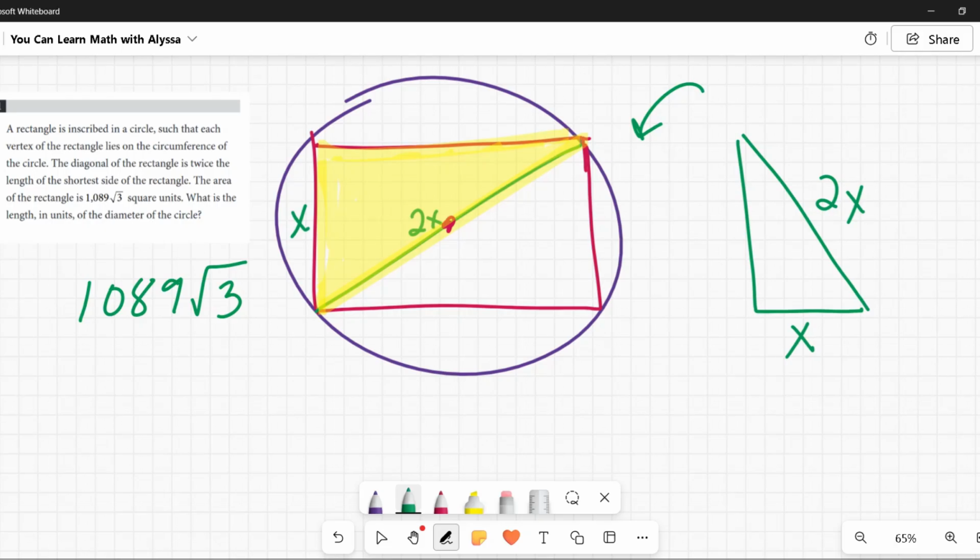That's the triangle here. Now this is a 30, 60, 90 triangle. This is the 30 degrees. This is the 60, and there's my 90. And the pattern is the leg that's next to the 60 is x, the hypotenuse is 2x, and the leg adjacent to the 30 degrees is x times the square root of 3.